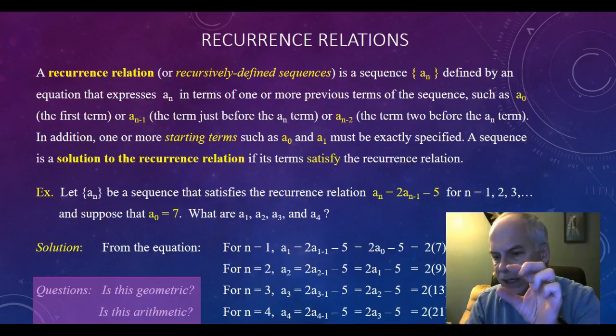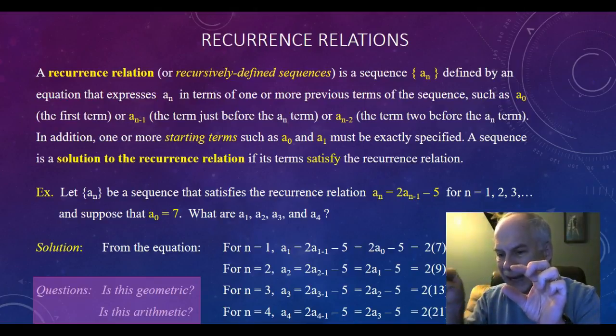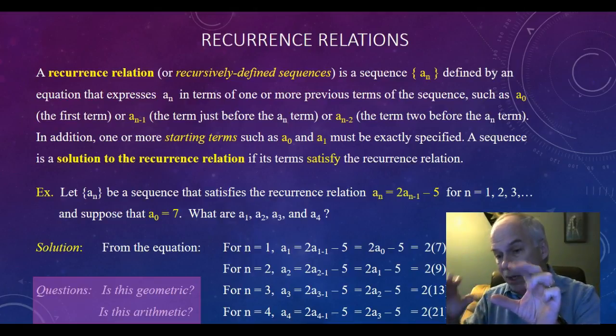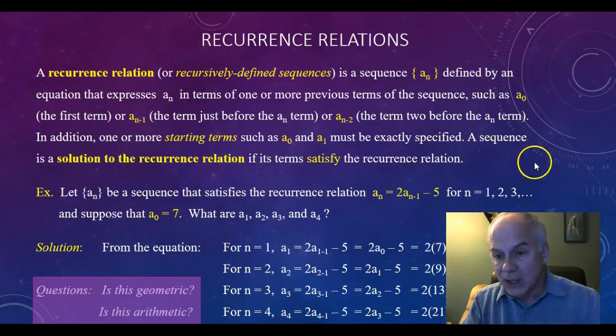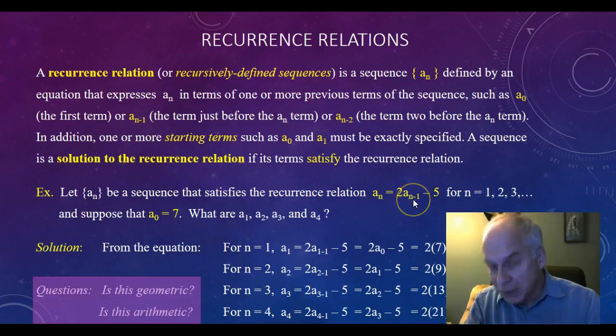If a sub n is a particular term, when the subscript is 1 less, n minus 1, then it's the previous term of the sequence, okay? So what this says is, to get a term, go 2 times the previous term and subtract 5.